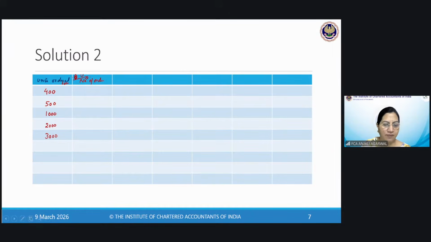So 5000 by 400, you will have 12.5 orders. 5000 divided by 500, 10 orders. 5000 divided by 1000, 5 orders. 5000 divided by 2000, 2.5 orders. 5000 divided by 3000, 1.67 orders. So cost of placing is 1200 per order.